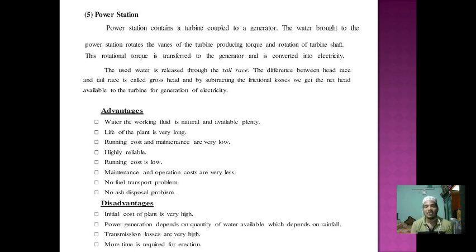But in the disadvantage, initial cost is high and the power generation depends upon the quantity of water. Power will be generated in the hydel power plant depending upon the water available and the flowing rate of the water. And if sometimes the rainfall is going on, in that case the high pressure and volume of water goes to the pipe and touches the turbine.